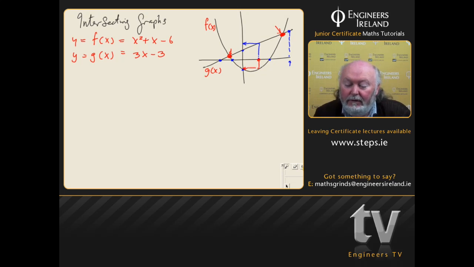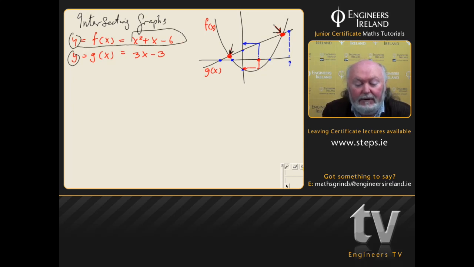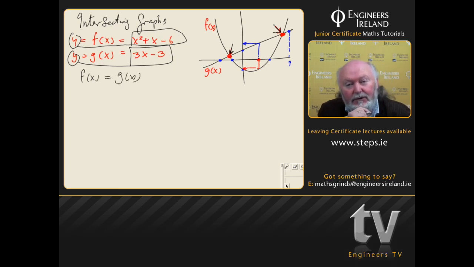What we've agreed is that where the two join, the y's are the same. We'll get that y exactly the same as that y. Because this y is equal to this, and this y is equal to that, that means at those 2 points where they meet, f of x will be equal to g of x. The two functions have the same y answer.